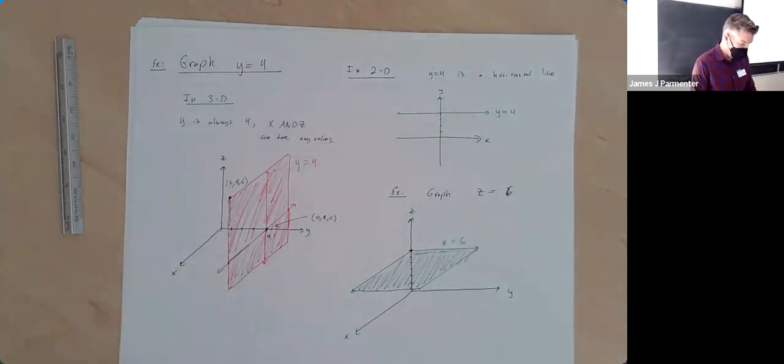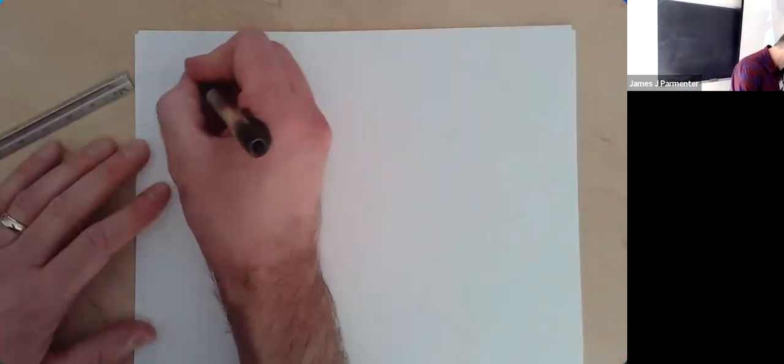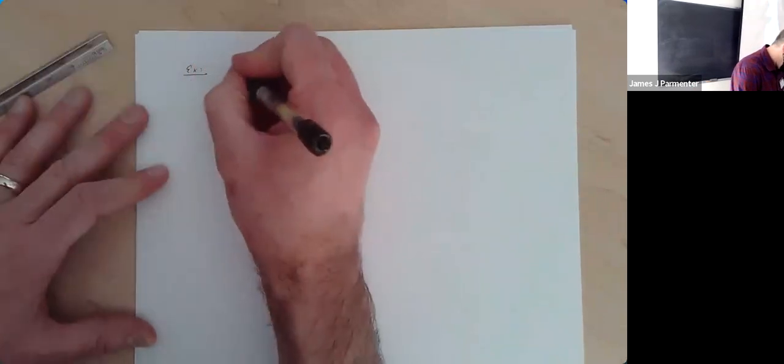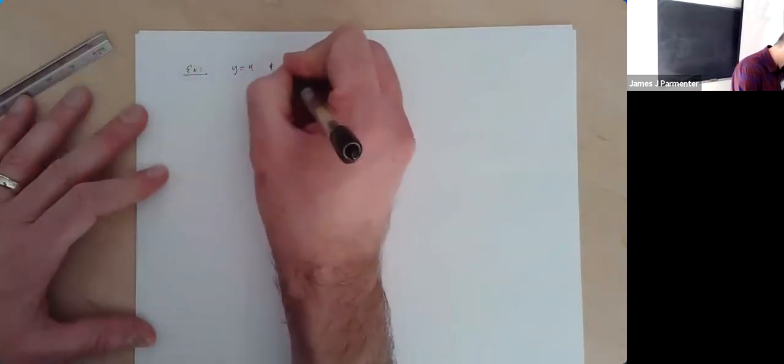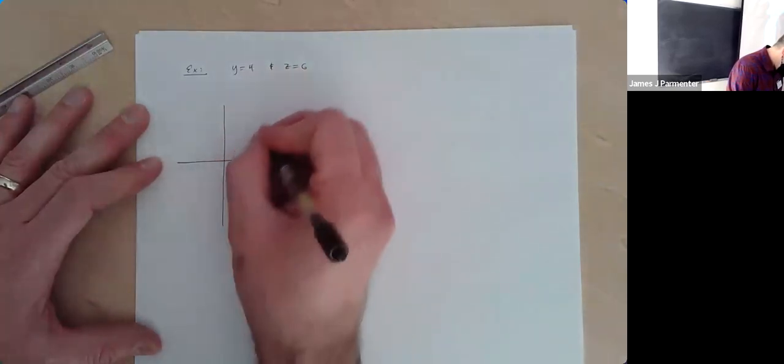And then if you were to draw both of these planes on the same coordinate system, you would get their intersection. So, for example, if we draw both y equals 4 and z equals 6, I'll try to be a little bit quicker about this.